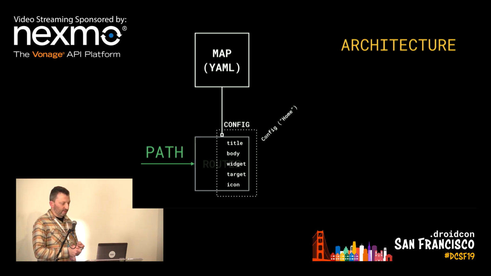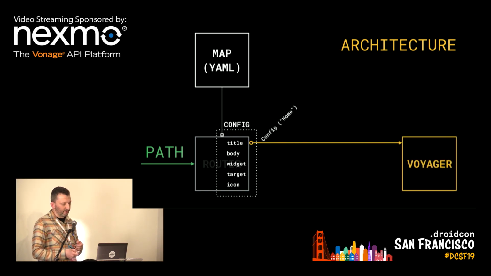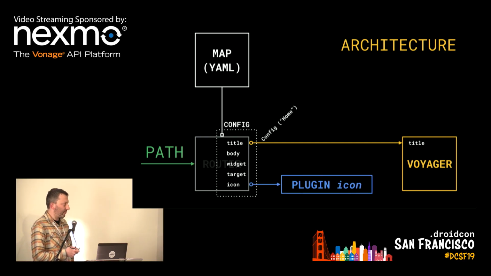These values are transferred to a Voyager instance, which is a key value map. By default, all the values just go over. So if you had a title, which is a string, it's going to be put under the same field in the Voyager instance. However, that's not always what you want to do.